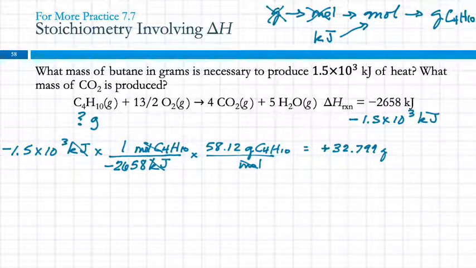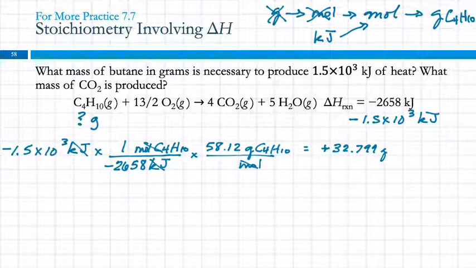Yes? I changed it to negative because the problem is saying that the reaction is producing this amount of heat. So the reaction is losing the heat. And when we look at delta H, we see that that's also negative because when this reaction occurs, heat leaves the reaction.